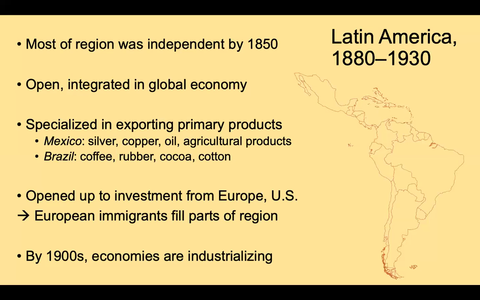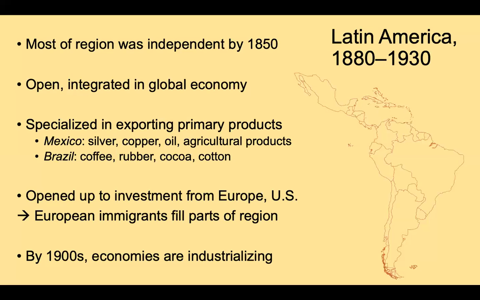All of these things were exported primarily by Latin American countries, and they developed comparative advantages in those. And so Mexico, for example, primarily exported silver, copper, oil, agricultural products like beef and grain, as did Argentina. Brazil exported coffee, rubber, cocoa, cotton, wood, Brazil wood.